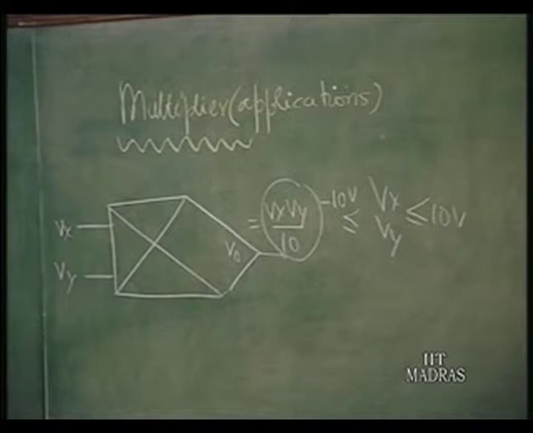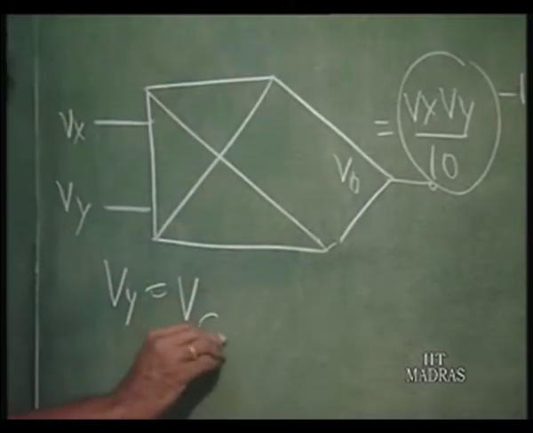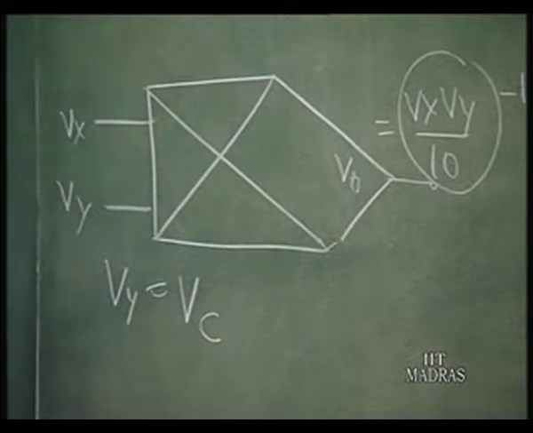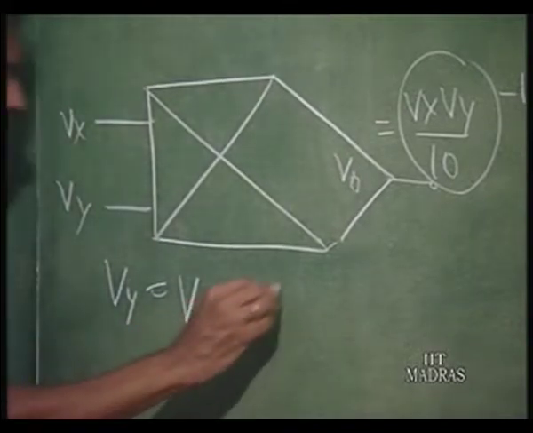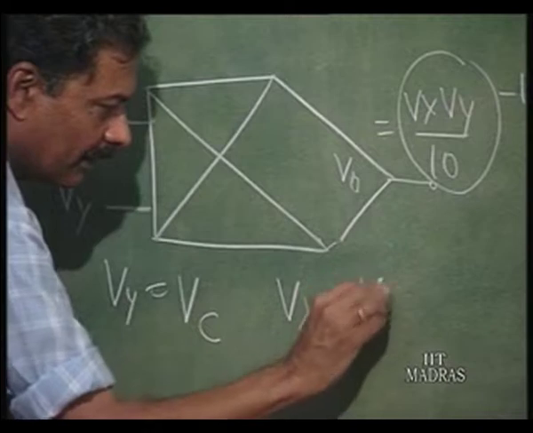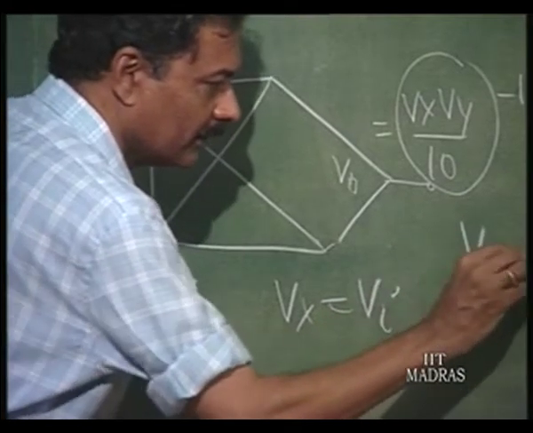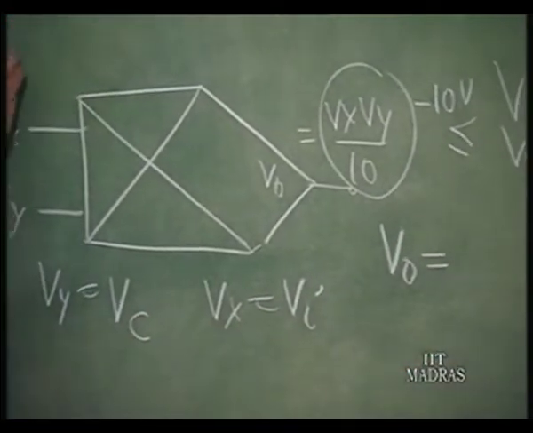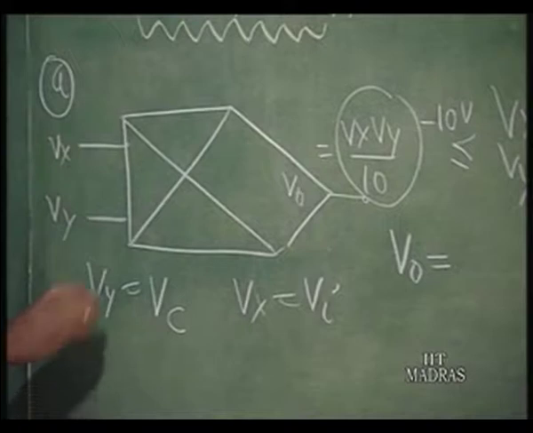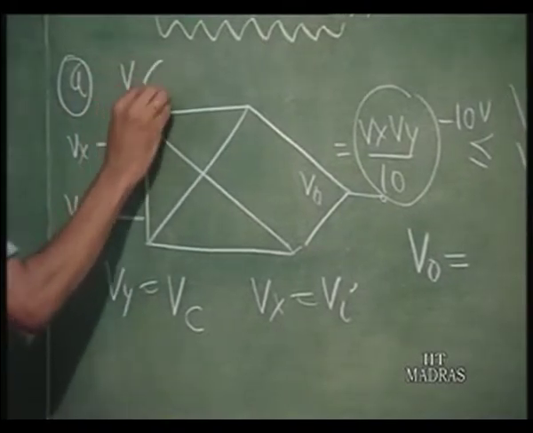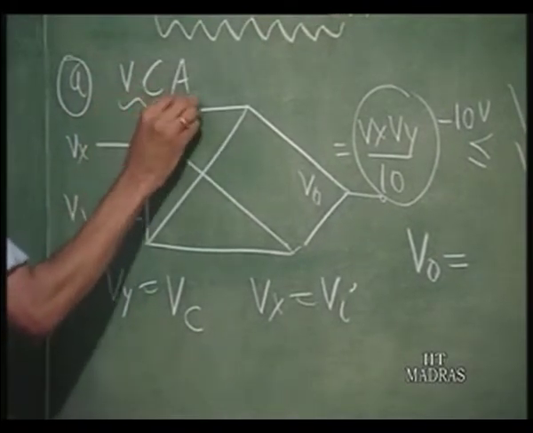First and foremost, let us consider Vy equal to a constant DC voltage Vc, which is called the control voltage, and Vx is my regular input Vi. Then output V naught is going to be, this is application A, a voltage controlled amplifier.